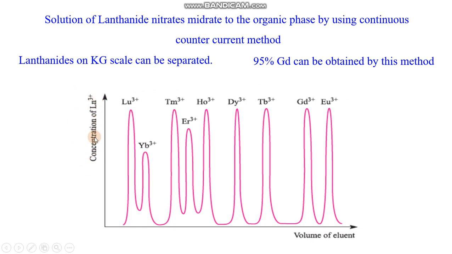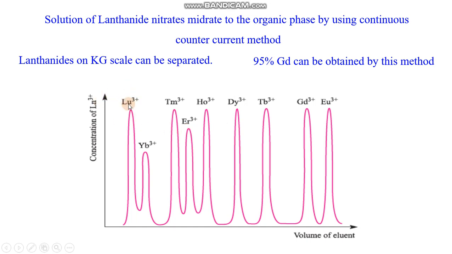This is concentration on the y-axis, and the x-axis shows volume of eluate. You can also say that this is the time of elution. In this diagram, the lanthanide ions have been eluted through the column as an EDTA solution.